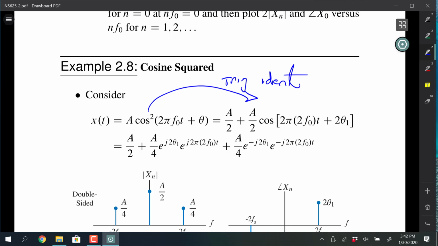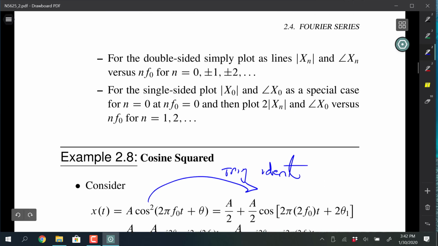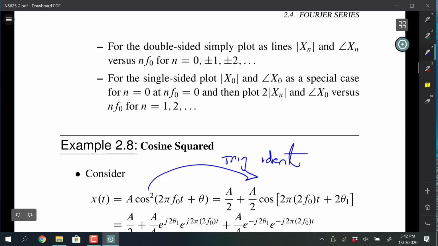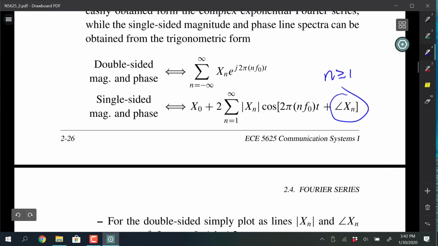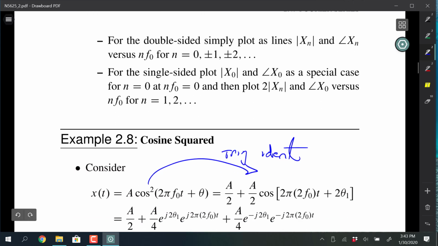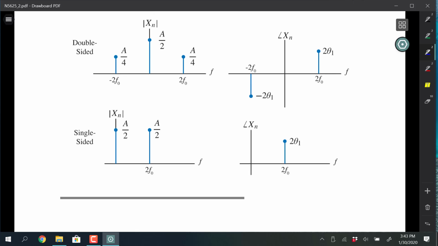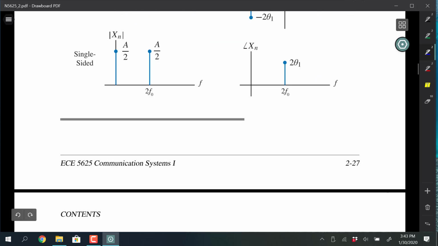And then you can immediately use Euler's identity to drop down to the complex sinusoid, or you could just stop off and pull out that form on the right, which matches exactly the single-sided spectrum form. And then you could delve into the two-sided if you wanted to. Again, it's just the uniqueness property.